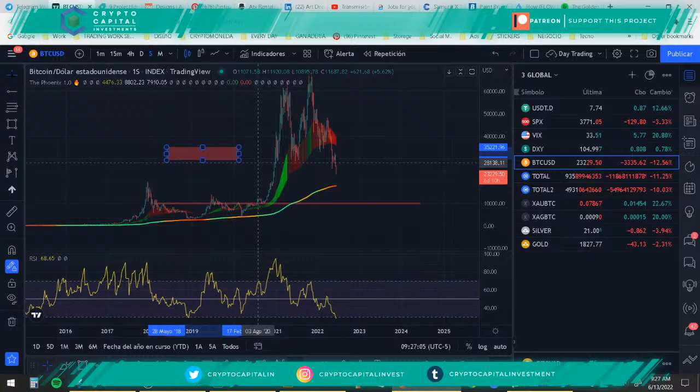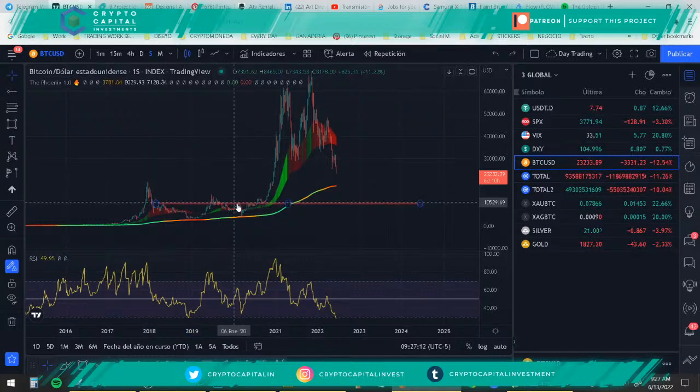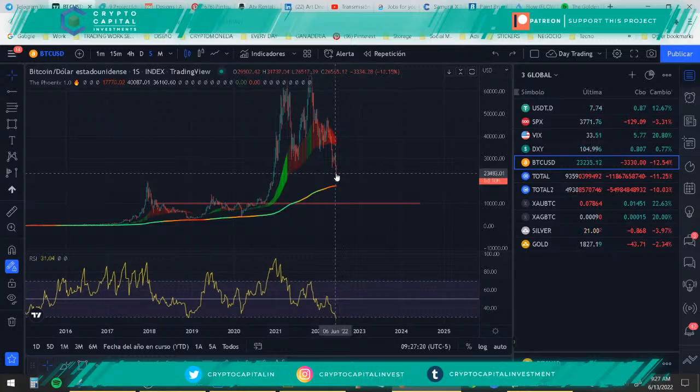I mean, look at it. There's a lot of support, resistance here. So it is very possible we can have a wick there. But then after that, do you think the people that bought it at 10K will sell? No, I will not. If I were those people, no, I will not.